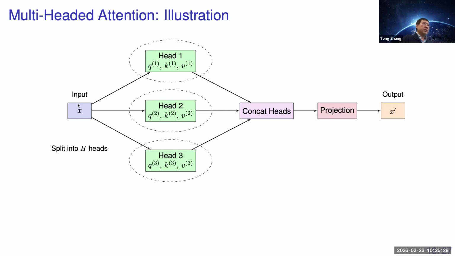This splits the input into multiple attentions, where each one is one attention. If you remember, you have a single W_Q for the query, a single W_K corresponding to the key, and a single W_V corresponding to the value V. So there are three matrices as the parameters for each single attention.